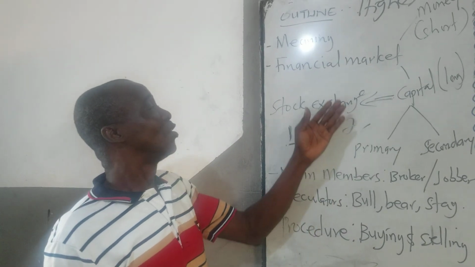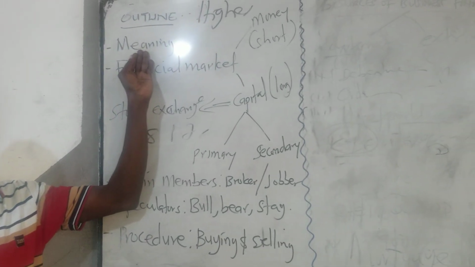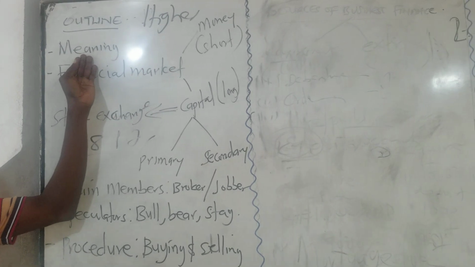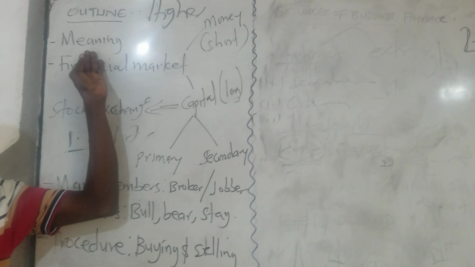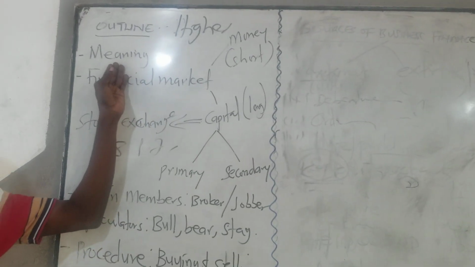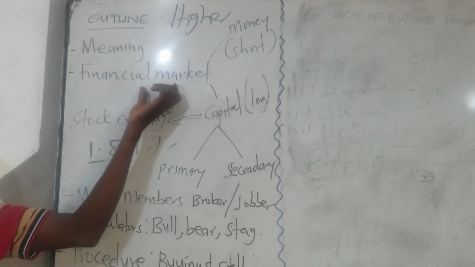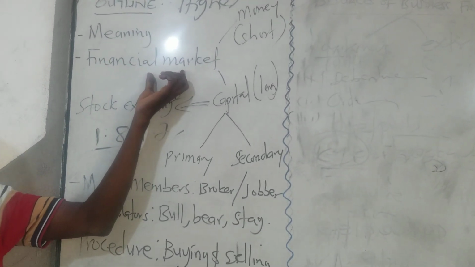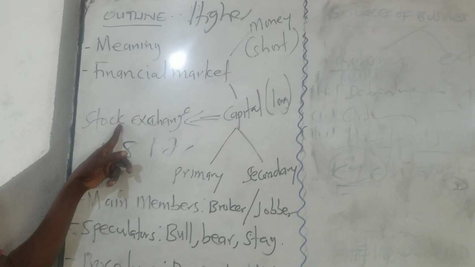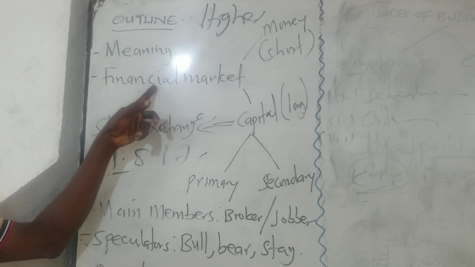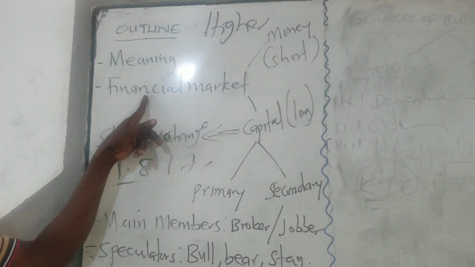So that is why we talk about the meaning. We said that it is an organized market where securities are traded, and security we learned is a general term for shares, for debentures, and other instruments. Then we have what we call financial markets. The stock exchange is part of the financial market. But this financial market, which is a security market, is divided into two.